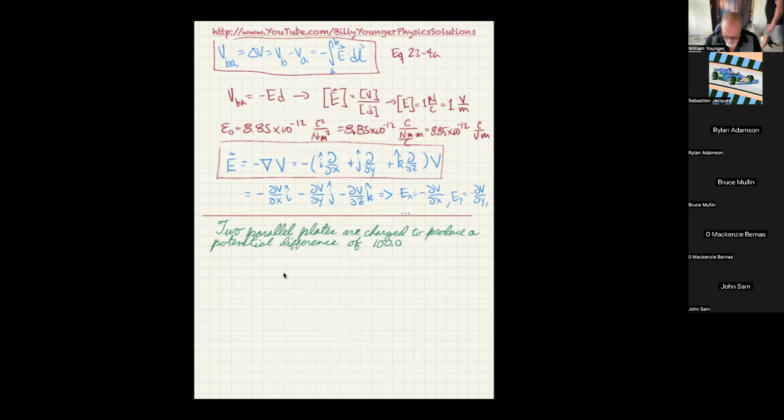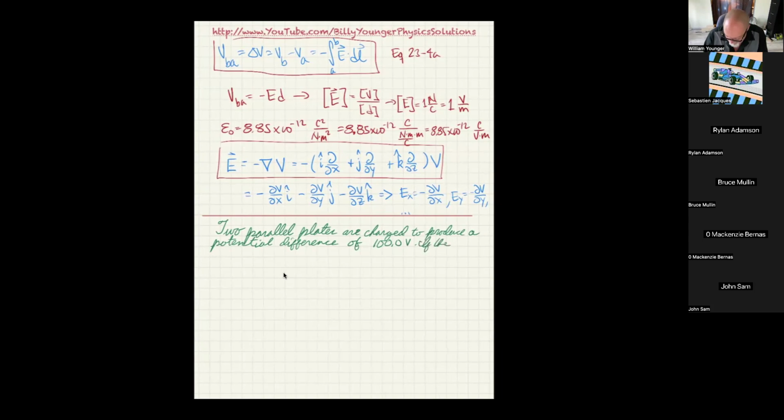Yes, that's right, Ethan. I wanted to make sure y'all remember that when I say potential difference, but don't include the word energy, then you understand that that means electric potential difference and therefore is a voltage. So two parallel plates are charged to produce a potential difference of 100 volts.